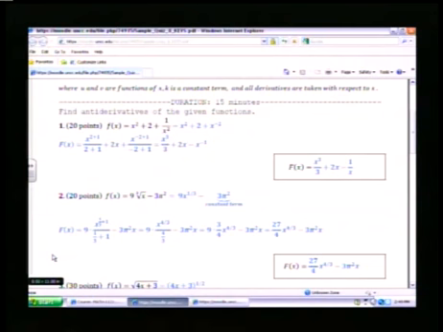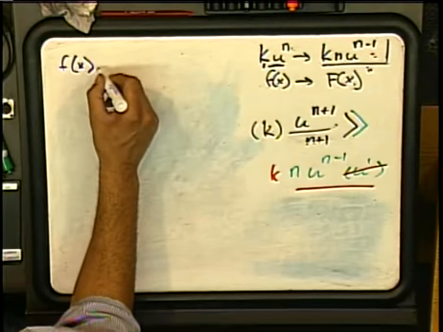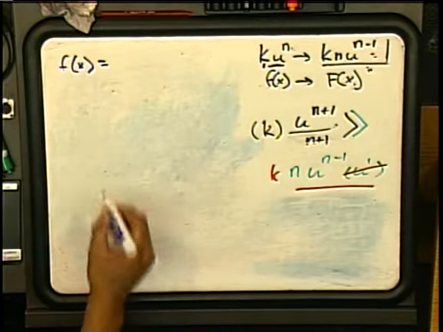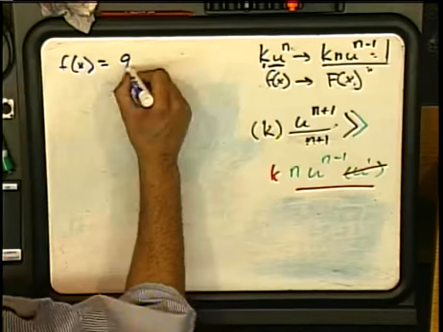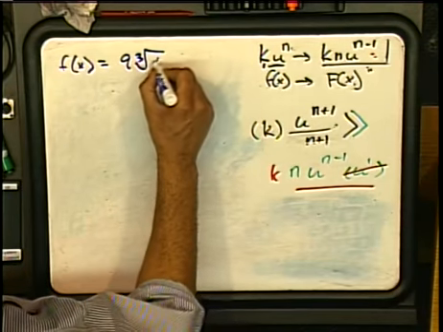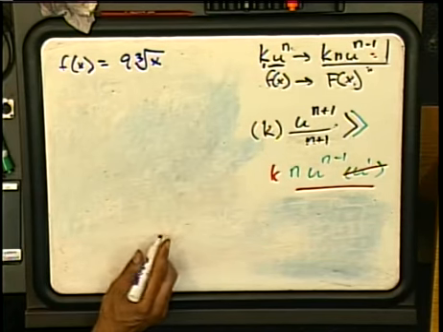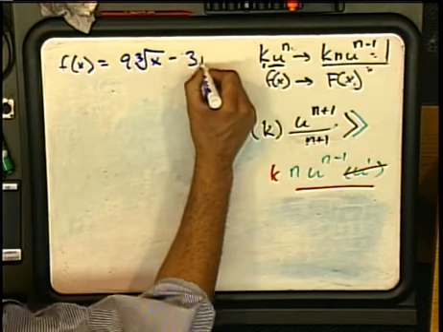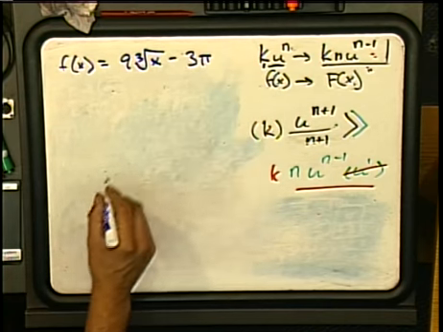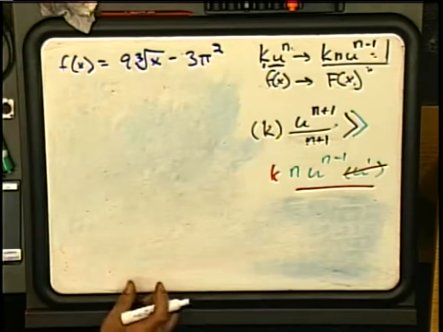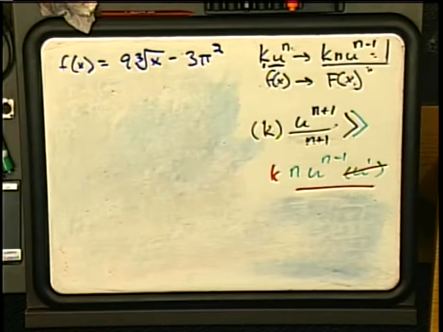Okay. Number two reads, 9 cube root x minus 3 pi squared.